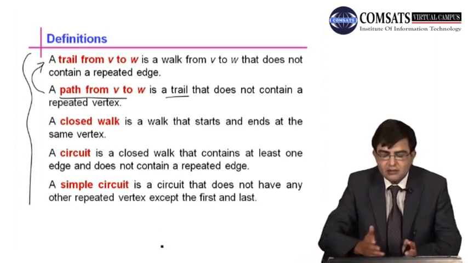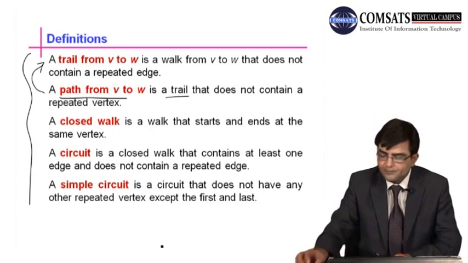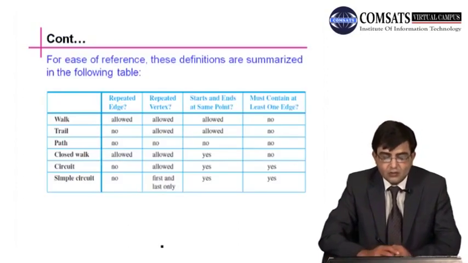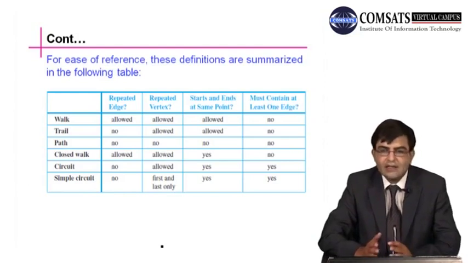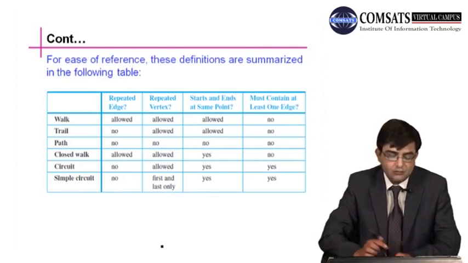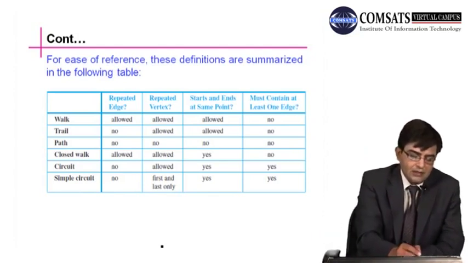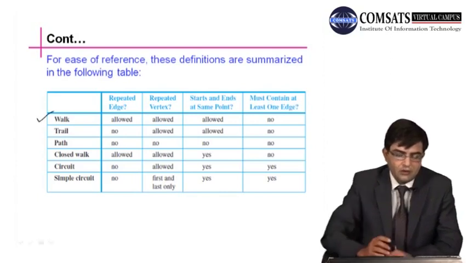Let's see all these definitions in a table, what the conditions are in a walk, trial, and path, and what the difference is between all these conditions. In the form of a table we can understand better what is allowed in a particular type of walk, and what is not allowed. So what is a walk?